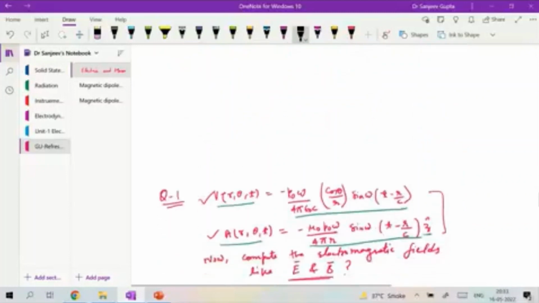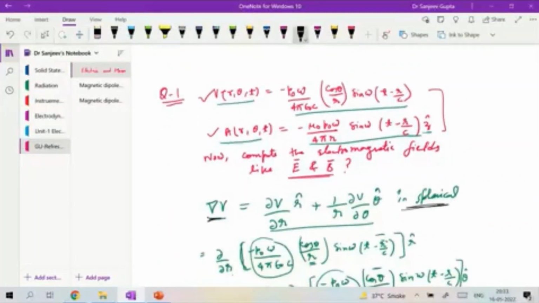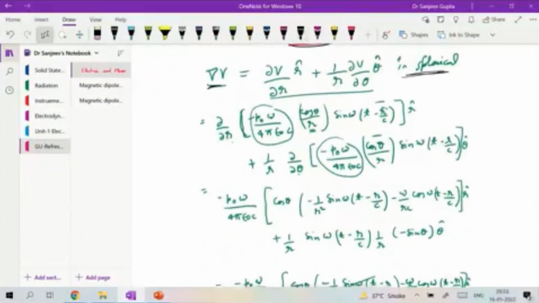So what we do, we know V, we know A. Now the question comes to calculate E and B. That's very simple. For that, del V can be written as dou V upon dou r, and 1 upon r dou V upon dou theta in spherical coordinates.